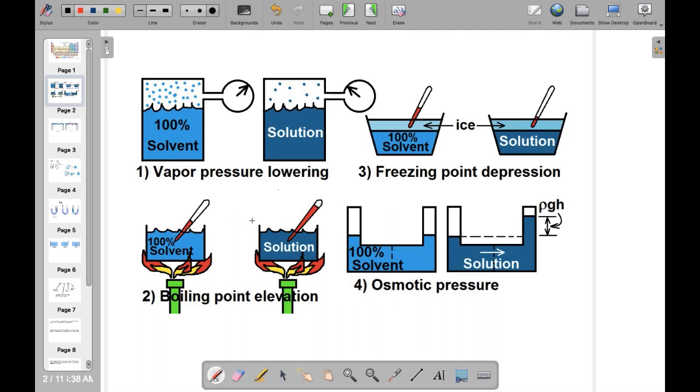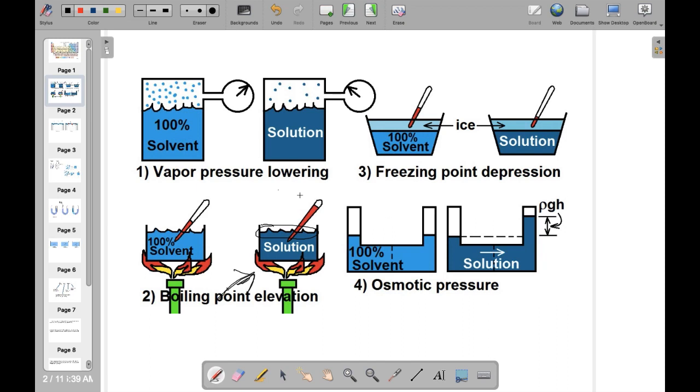But if I add solutes, so now we have a solution, which remember is solute and solvent mixed together, it actually, kind of like vapor pressure lowering, makes it more difficult for some of these molecules to convert into gas. So I have to apply more heat, more kinetic energy here to get these molecules to convert into gas. So my boiling point might be elevated by, say, 1 degree or 1.5 degrees.